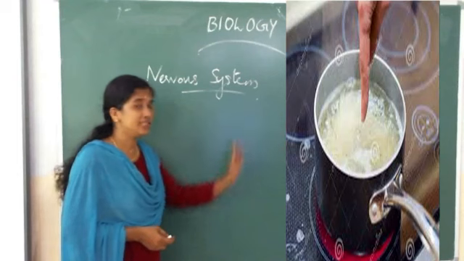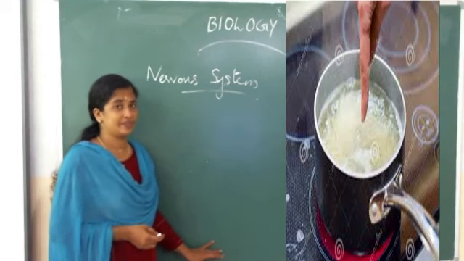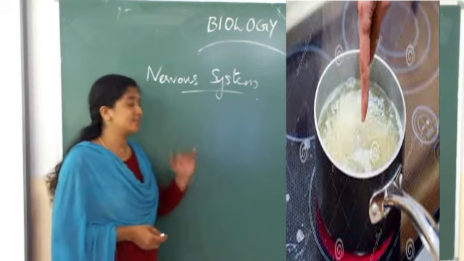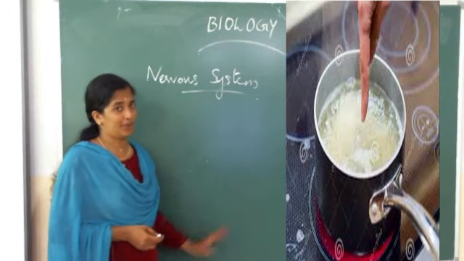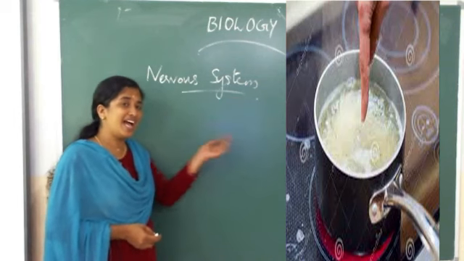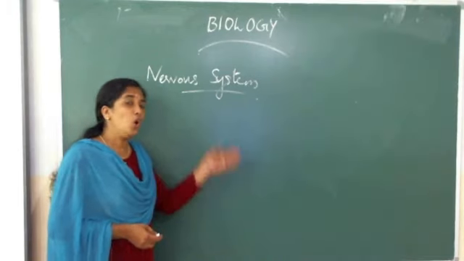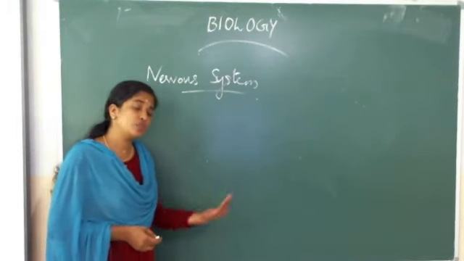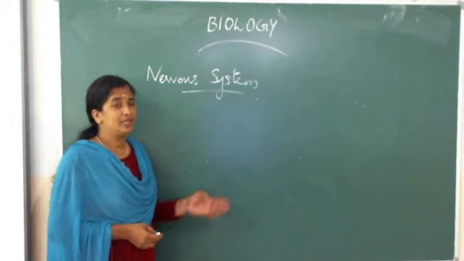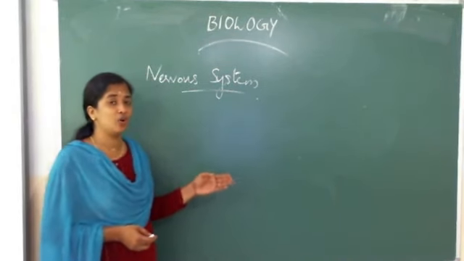When I touch this pan, what will happen? I will pull back my hand. So I am responding to that stimulus. That is the stimulus, and my hand being taken back is the response. So all living organisms respond to stimuli. That is one of the specialized characteristics of a living organism.